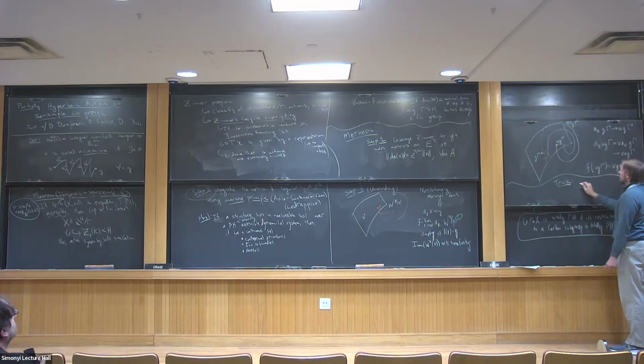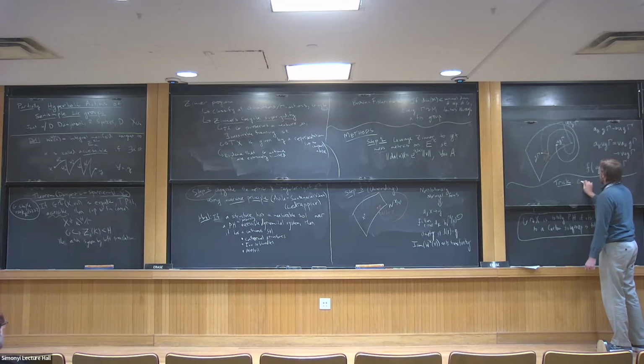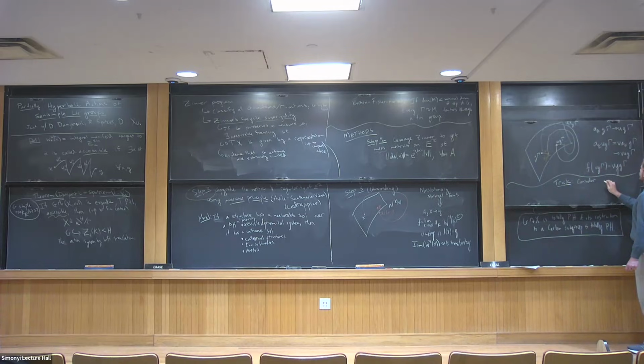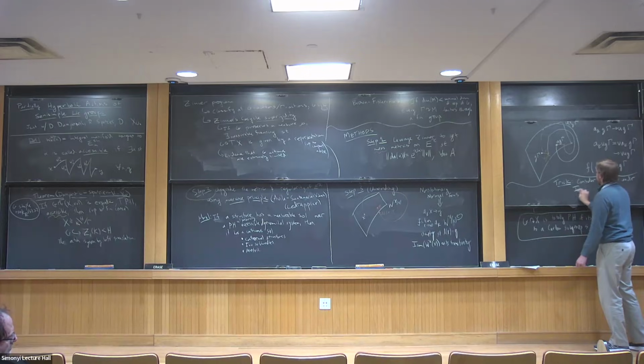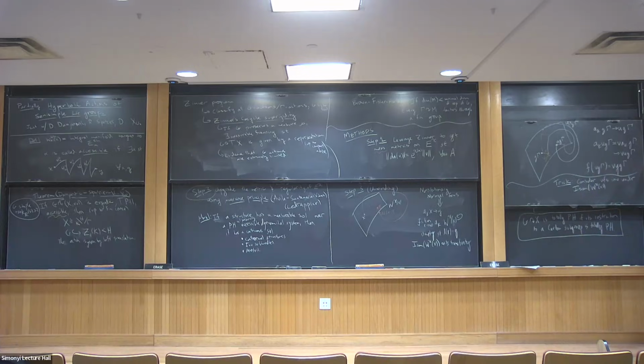The trick is to consider vector fields invariant under the isometry group of this W chi of x, and then you take the flows generated by those.